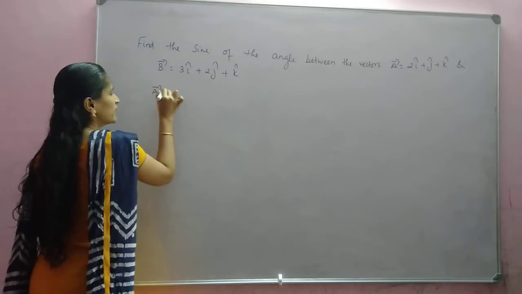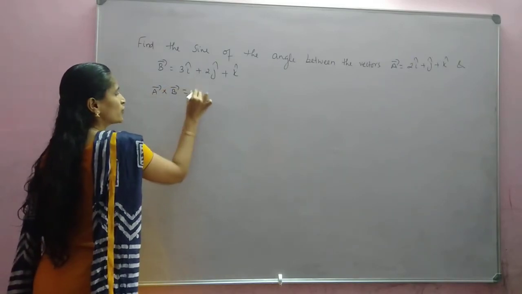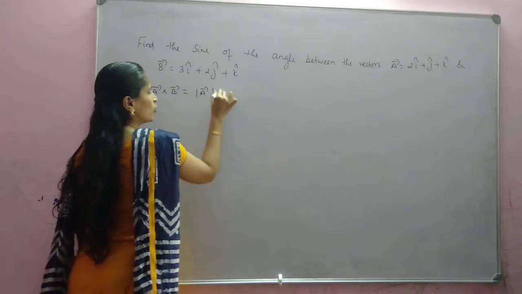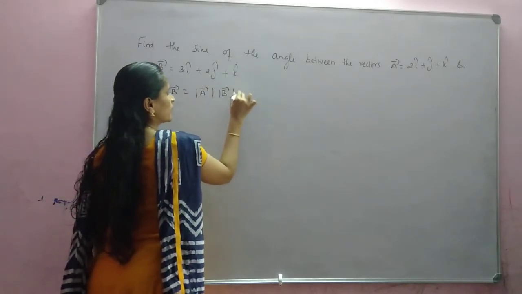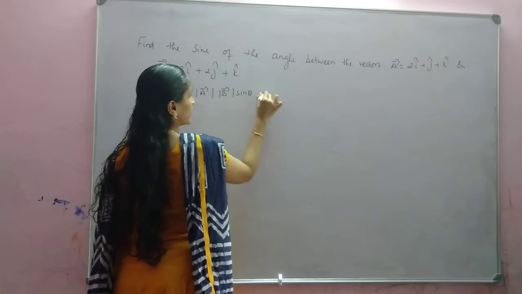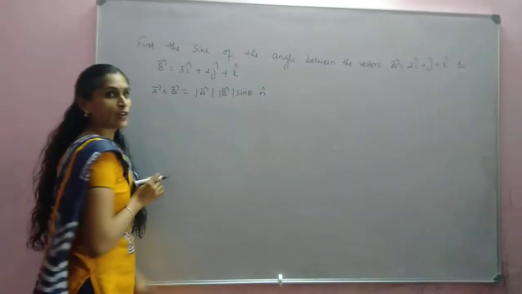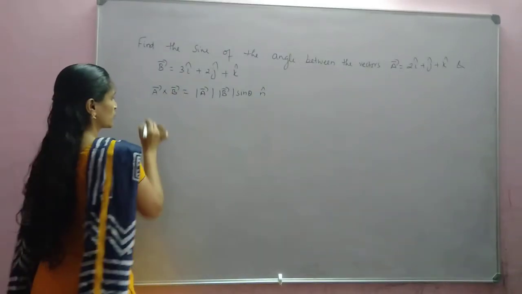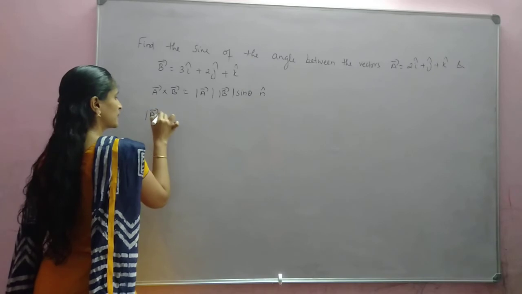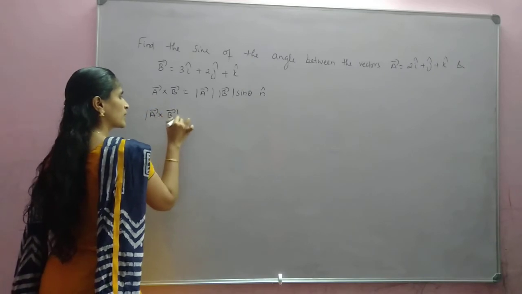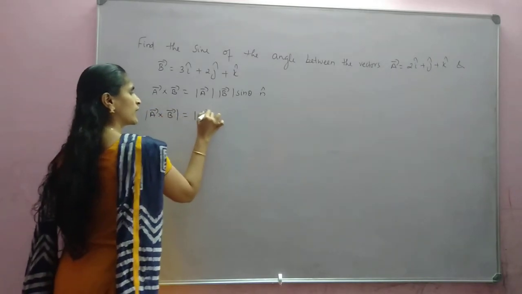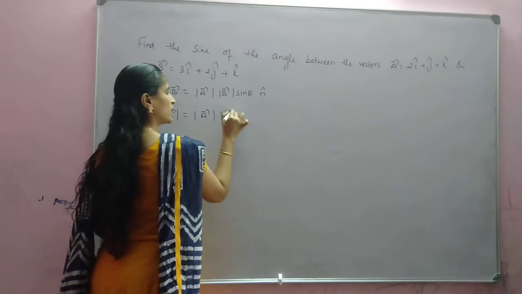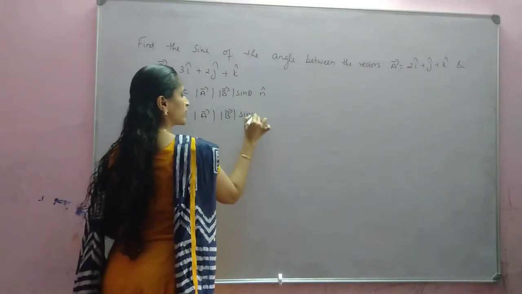A cross B is the modulus of A into modulus of B into sine theta into n cap. So if you are finding the magnitude of A cross B, you will get modulus of A, modulus of B into sine theta. Modulus of n cap is 1, because it is a unit vector.